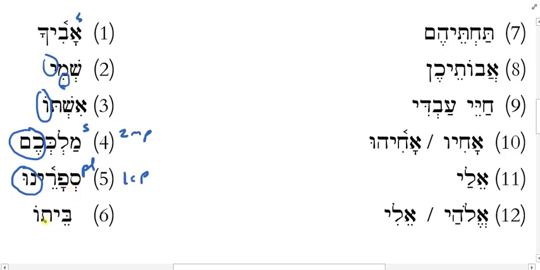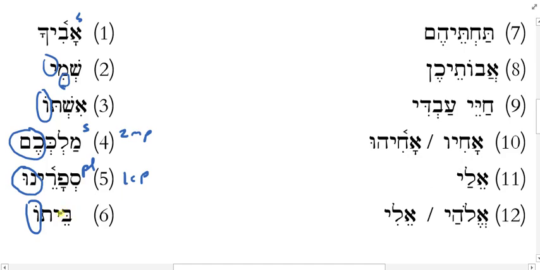Here I have beito. Is this one or many bayits? Is it singular or plural? Singular, plural. The question is, is this yod before the pronoun? What's the pronoun? The pronoun is the O. The tav is part of the noun, so that's not the yod that tells you the noun is plural.